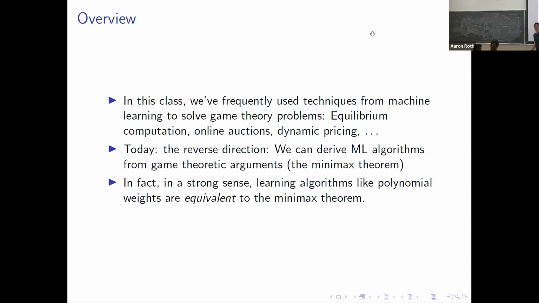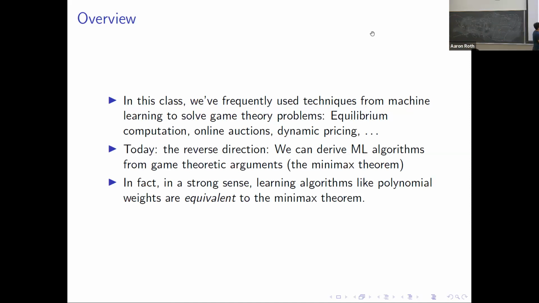We could have proved the minimax theorem using its original proof, the way von Neumann proved it, and then from the minimax theorem, we could have derived the existence and even the algorithm itself of the polynomial weights algorithm. So there's a very tight duality between the minimax theorem, which underlies the basics of equilibrium structure in zero-sum games, and the kinds of machine learning algorithms we've been using.